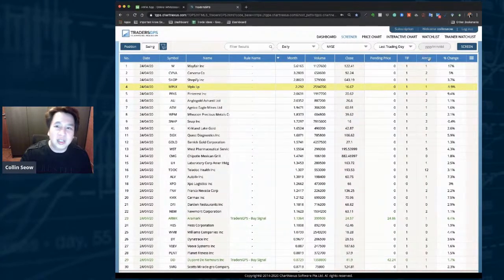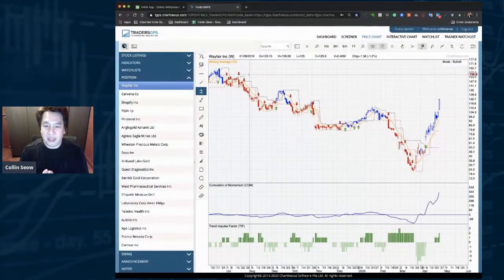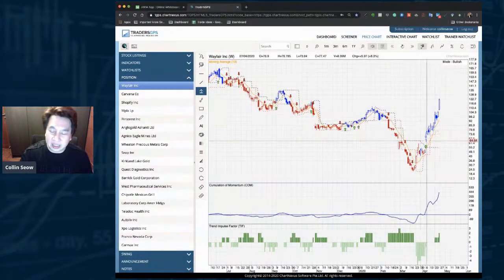For example, W is ranked arrow number 1. Position daily is for 3 months and above. This stock has a signal, but not today. It has a signal earlier at this point of time. Yes or no? If yes, type yes.